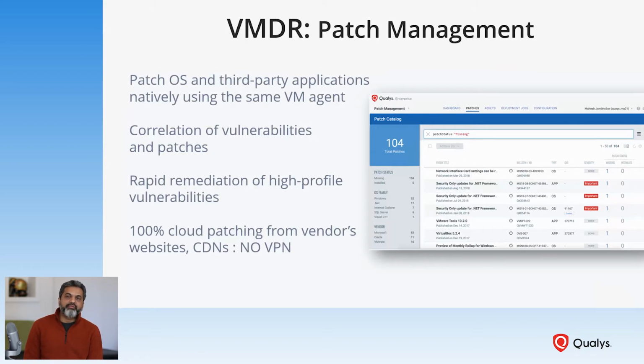And that is something that with VMDR we are simplifying significantly by bringing a solution that does not only OS patches but also does third-party patches. It leverages the correlation of vulnerabilities to specific patches, which I'll talk about a little bit.